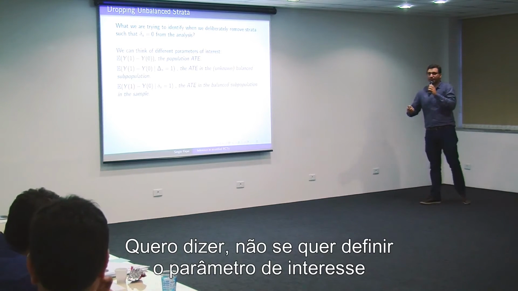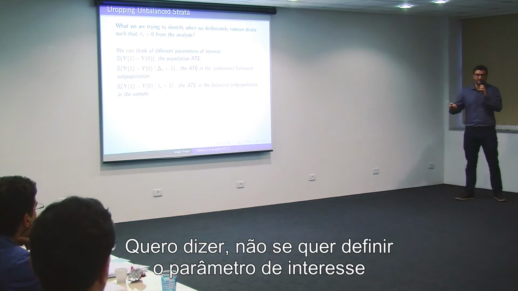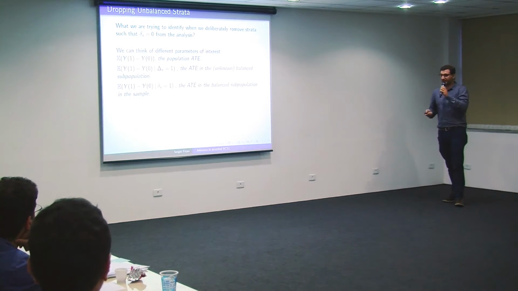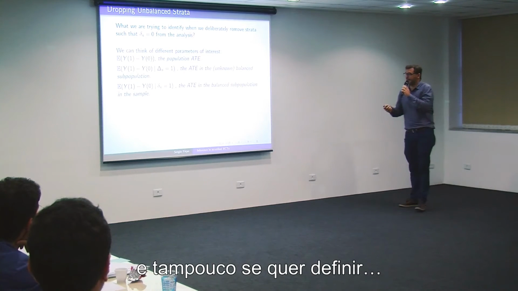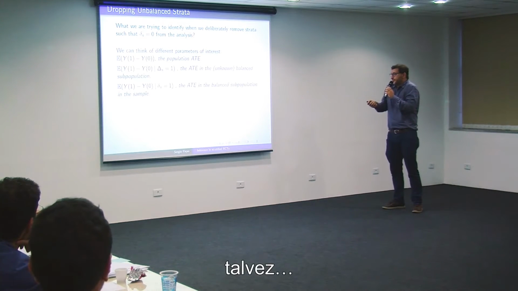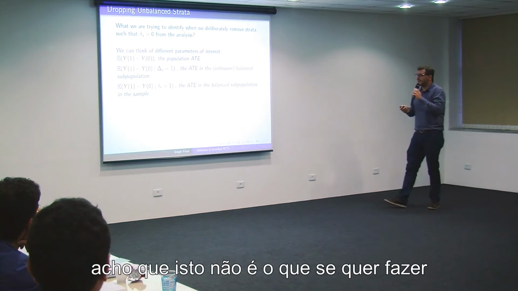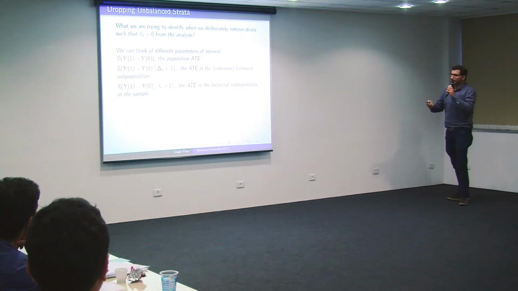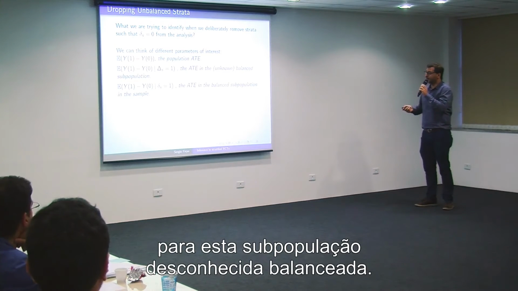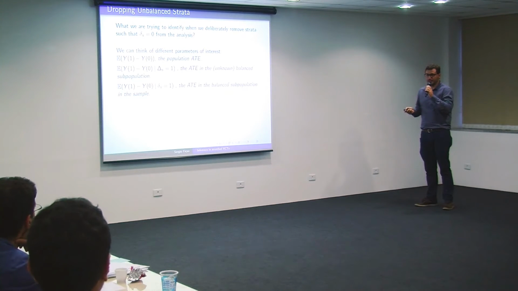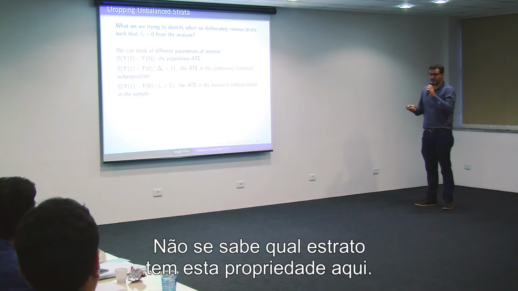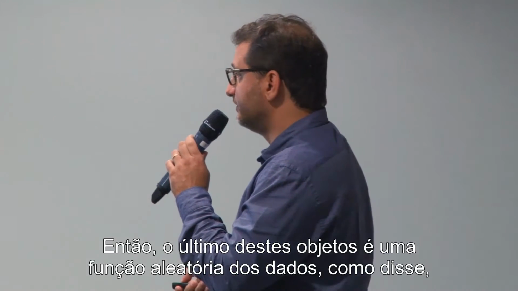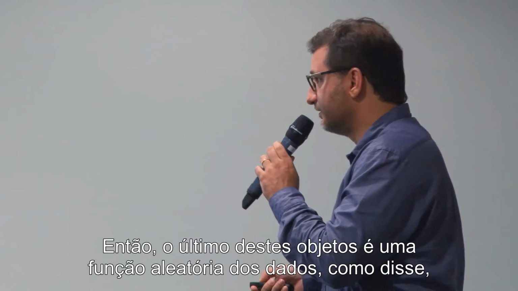You don't want to define your parameter of interest depending on your data, which is this one here. And you also don't want to define it for this unknown balanced subpopulation. You don't know which strata have this property. The last one of these objects is a random function of the data.